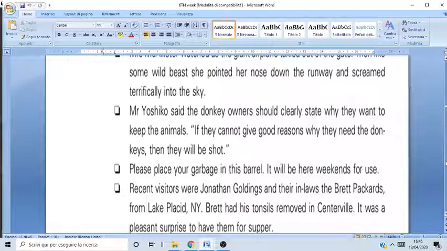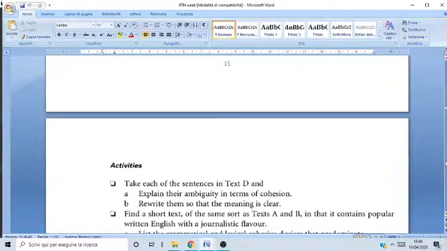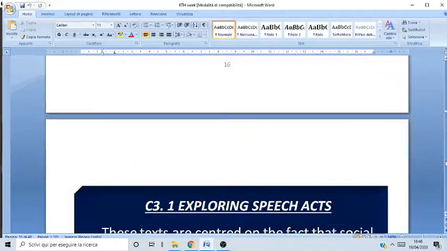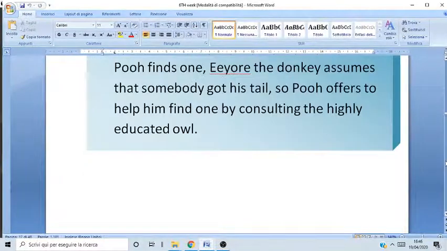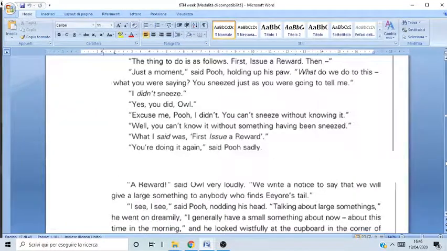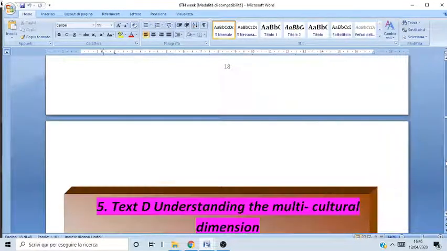Okay, so we analyzed the different meanings of why these texts were ambiguous. And then there was text number 4, We need a clue, that you're supposed to do on your own. Okay. This one is more specifically about register, but you can analyze it under different perspectives.